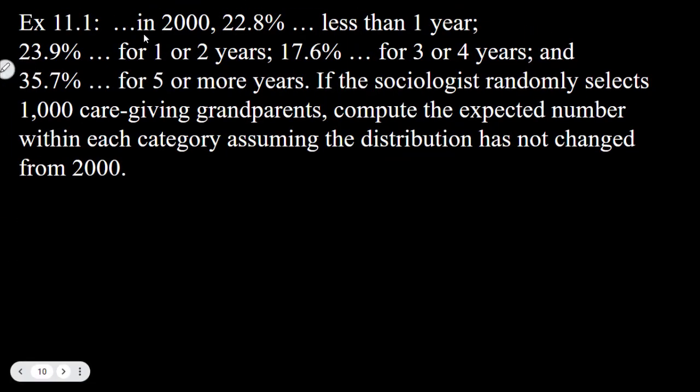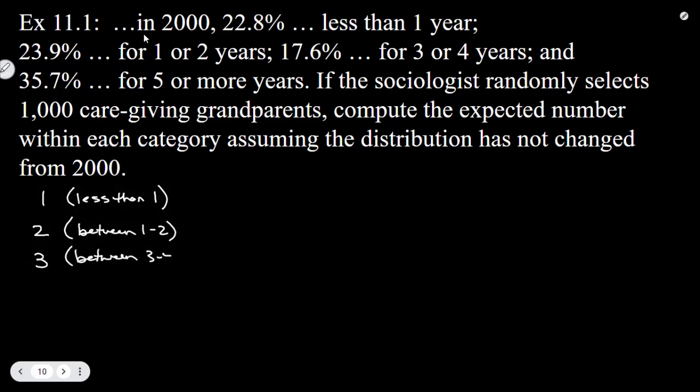Our categories here: category 1 will be less than 1 year. Category 2 is between 1 and 2 years. Category 3 is between 3 and 4 years.